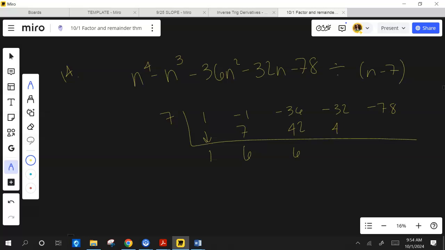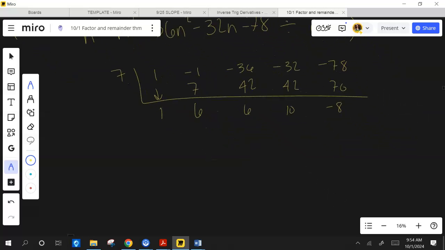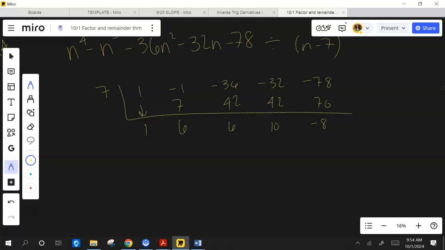Multiply. Wait. Interpret your answer. Ready. x^3, 6x^2, 6x, 10, -8 over x minus 7. You put in x.